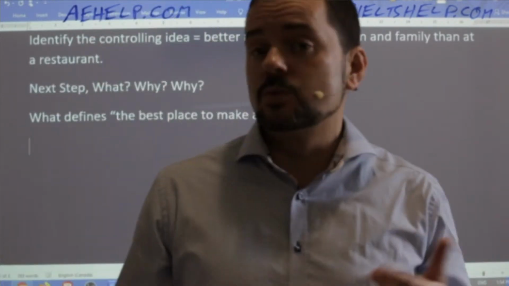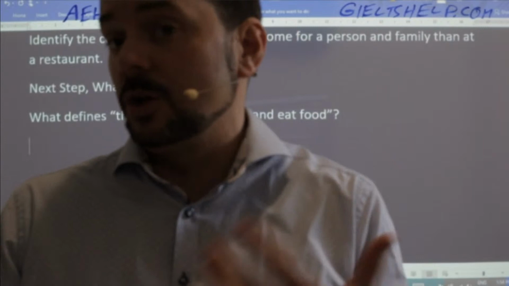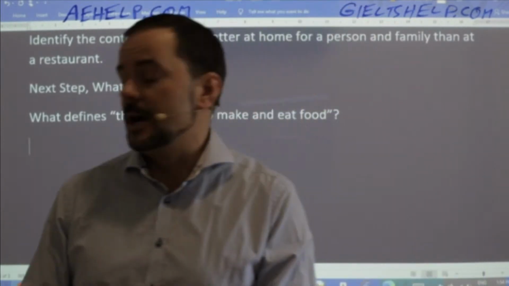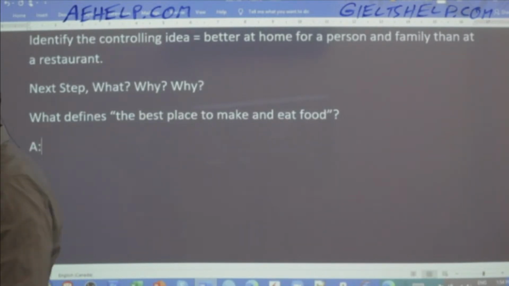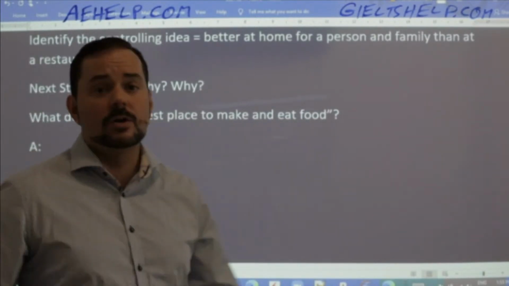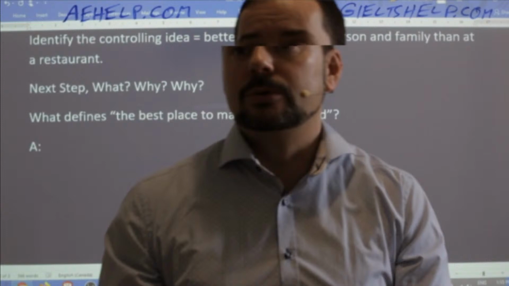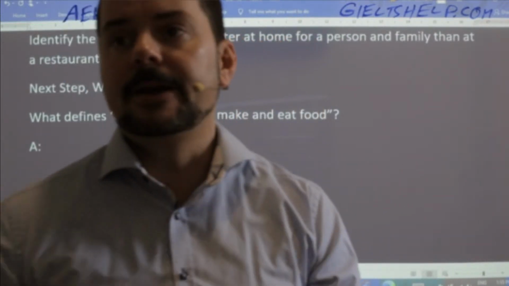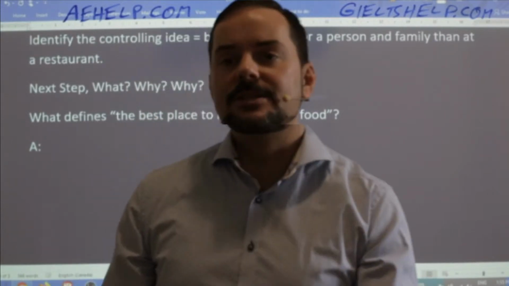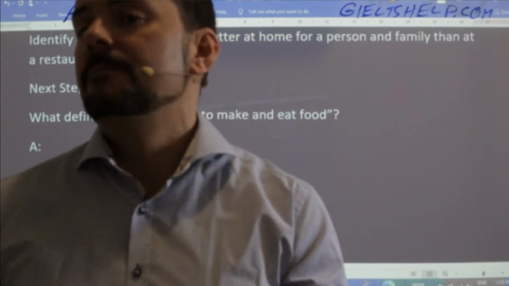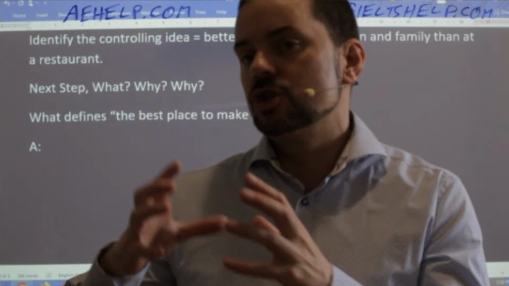Now, this is where your argument becomes interesting because it could be a different answer for different people. So what defines that? Okay, give me an answer. What would you say, okay, that's the best place to make and eat food? Tanya, I wouldn't go to why the home is the best yet because that's more the controlling idea.